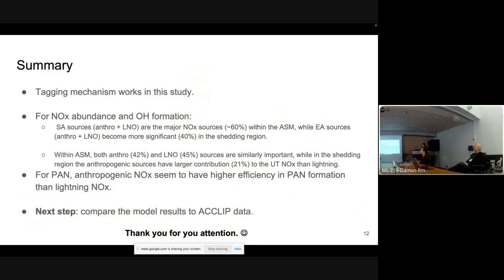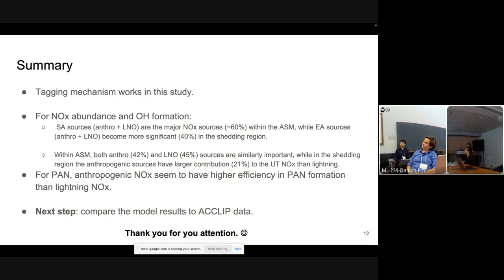Okay, summary. So we think the tag mechanism works in this study, at least in this model version. We also implemented the tag mechanism in the 58 level model, which would likely be available in the future too.